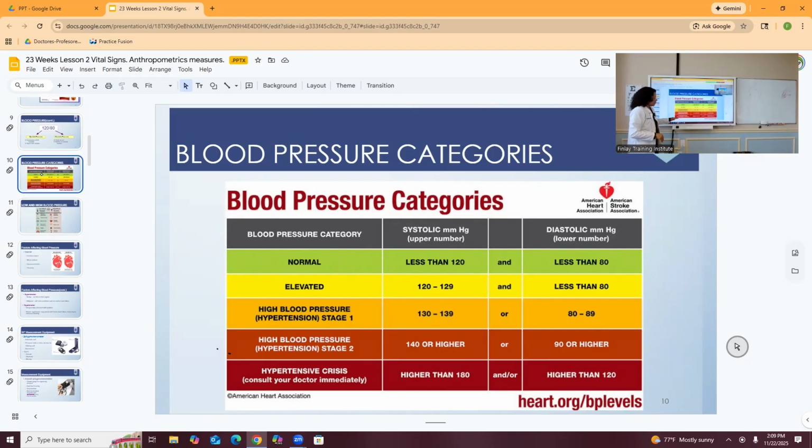These patients are going to have a blood pressure above 180 for systolic and higher than 120 for diastolic. If you get this blood pressure, we are going to recheck one more time. And if the blood pressure stays so high, this patient becomes a priority and an emergency. This patient probably is going to be sent to the ER.